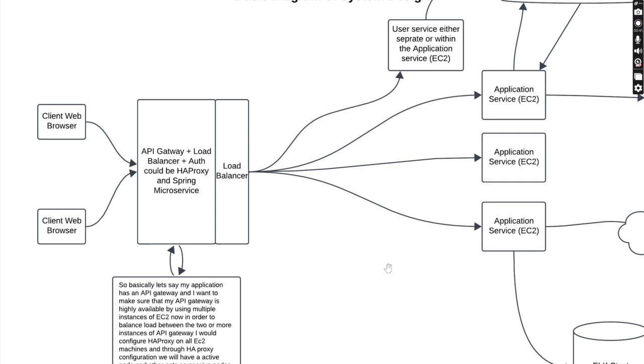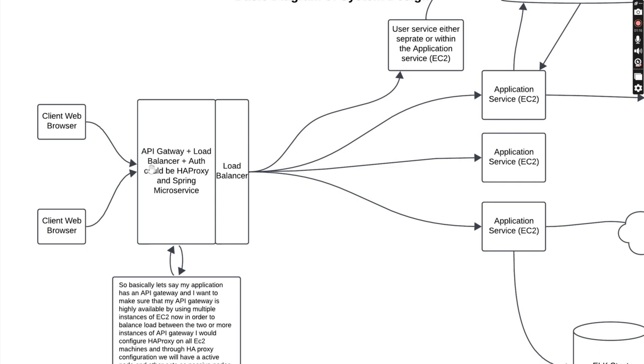With the API gateway, it makes sense to have a load balancer on the same instance. What a load balancer will do, as I already explained, is balance the traffic onto each application instance that you have. The API gateway acts as a proxy, because for the outside world it is receiving the request and providing the response to the client. So this is the first thing that an API gateway does.